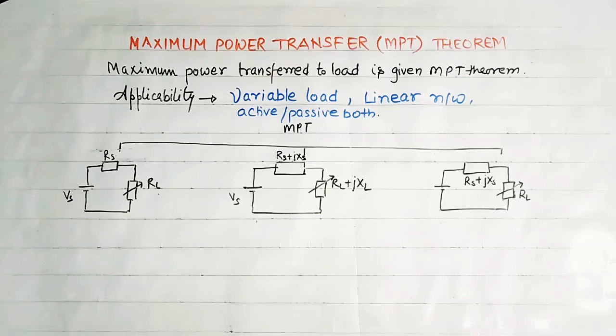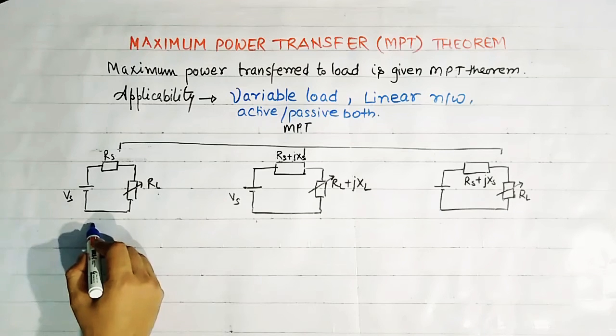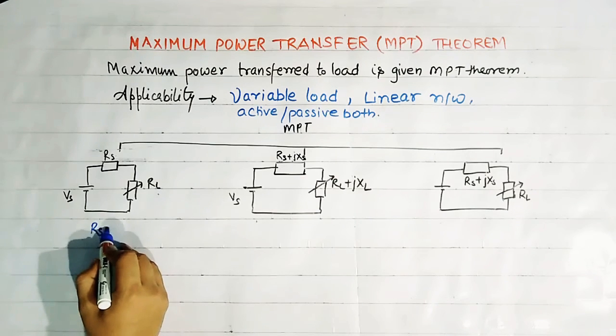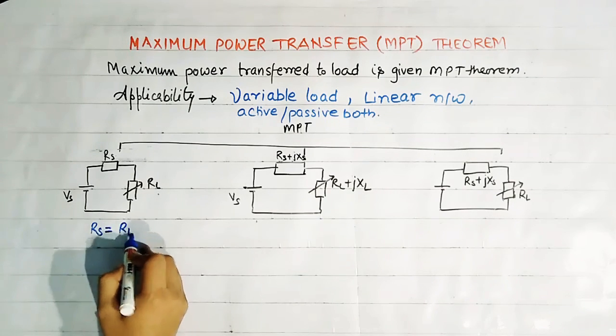Now, this MPT can be understood by taking three cases. In the first case, suppose the total circuit is resistive. Source resistance and load resistance are both resistances. In this case, for MPT, Rs must be equal to RL.